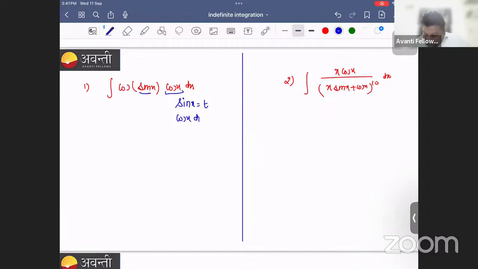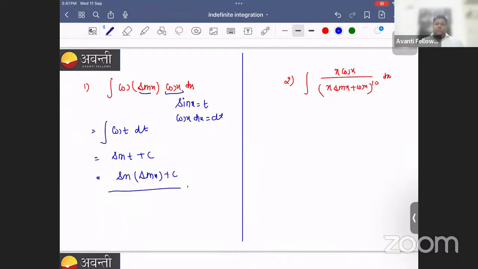So cos x dx will be dt. So it will become cos t, and cos x dx is dt. Integration of cos t is what? Sin t plus constant. So replace t back, that is sine of sin x plus constant. Very good. Very good, Pallavi. Very good, Priyanka.